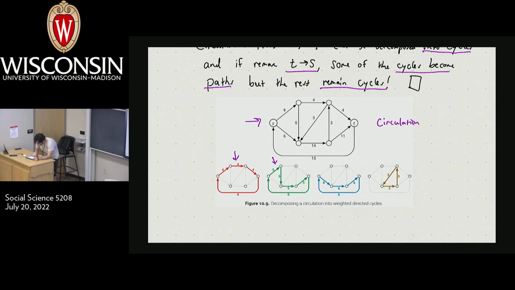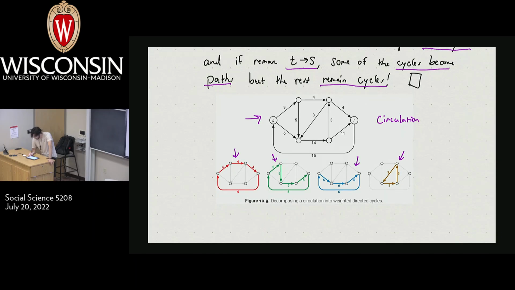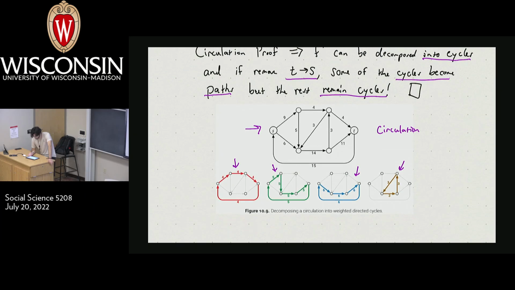There's this weird intermediate cycle. There's another outer cycle. And then there's a hidden triangle in the middle. If you sum up all of those different cycles, you get exactly the full circulation. So this is one example of how to decompose a circulation into a bunch of cycles. And all of these cycles have 0 value. Okay?